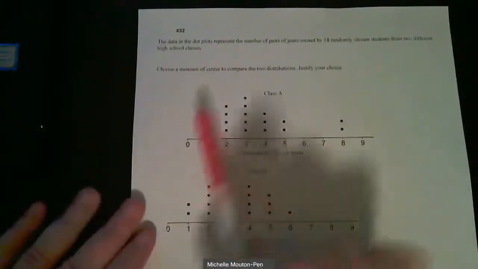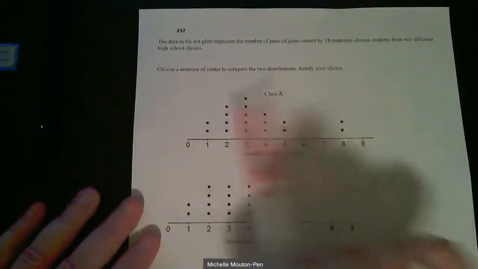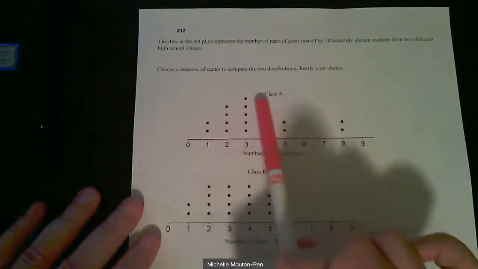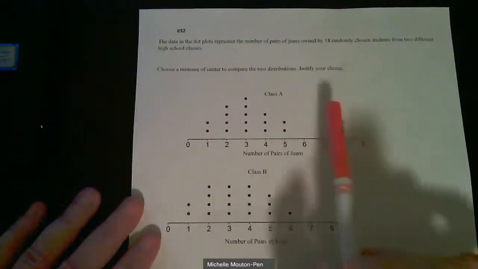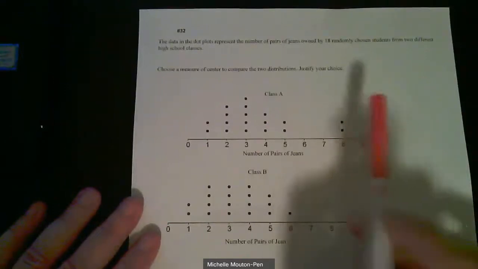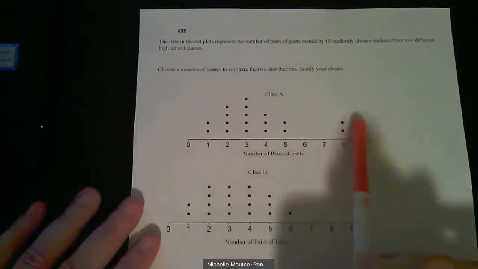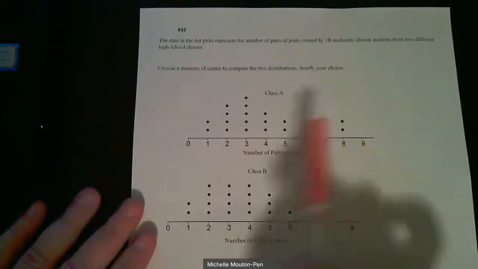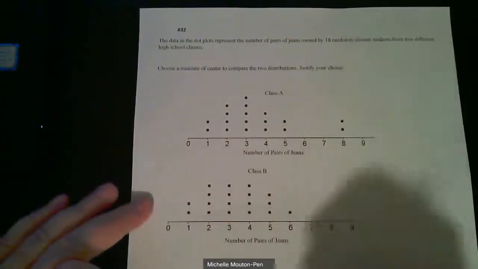Whenever you look at the shape of this one, it almost looks closely symmetrical until you come out here with these 2 people that had 8 pairs of jeans. So this one makes our data skewed to the right. Anytime that you have data that is skewed, the measure of center that you're going to use is the median.